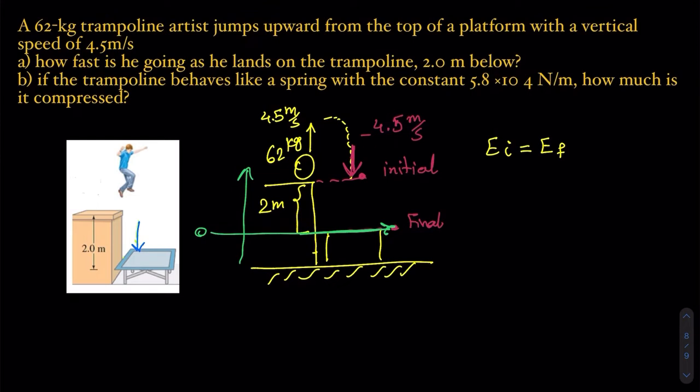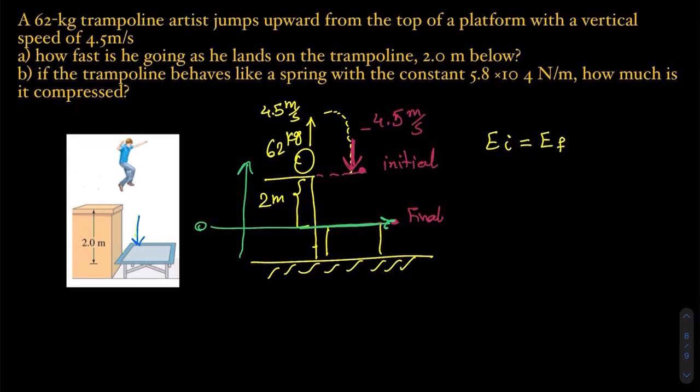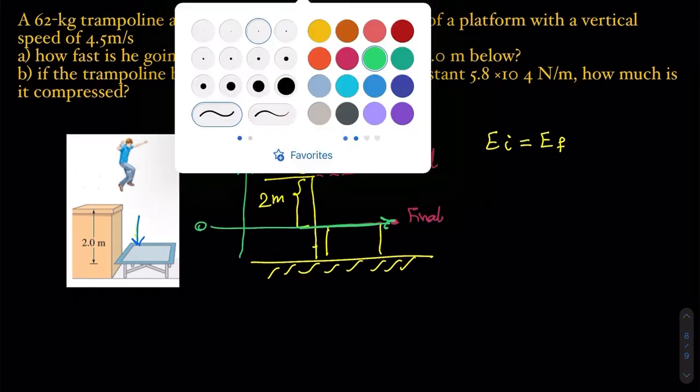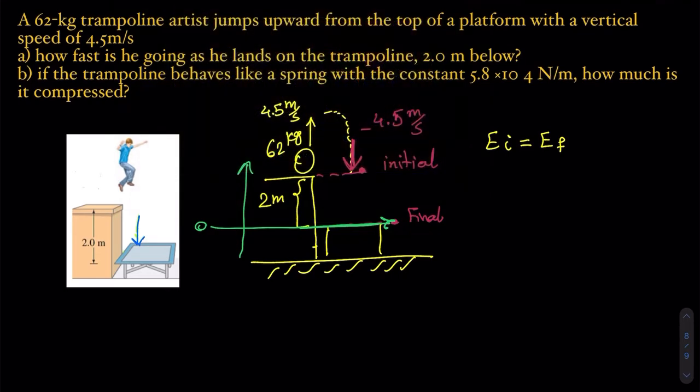Since this person is above this zero level, it also has potential energy. So the initial mechanical energy includes kinetic energy plus gravitational potential energy.